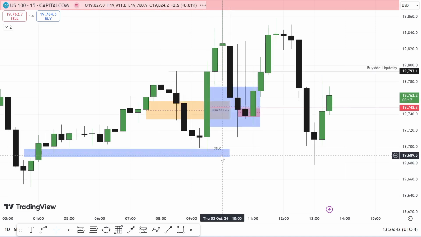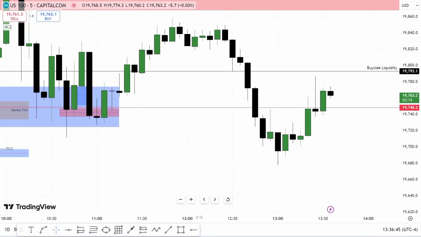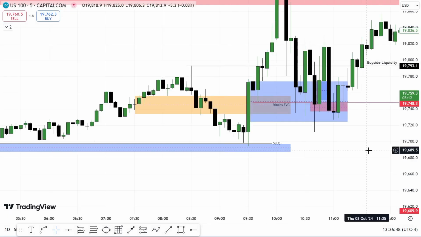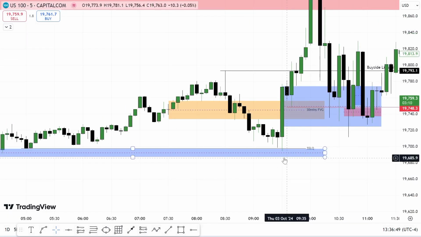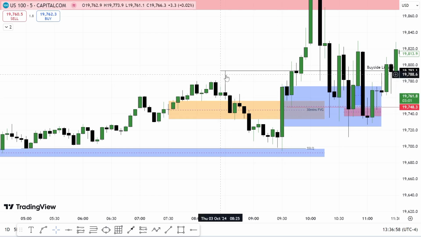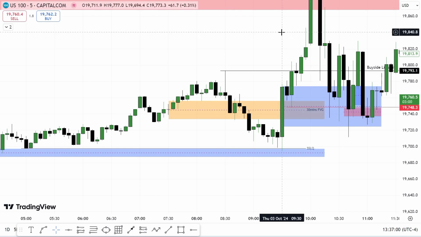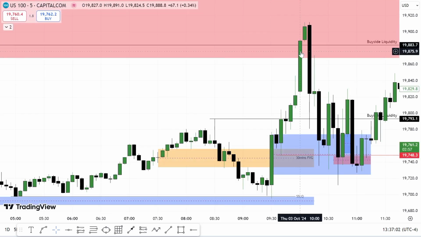On the 5-minute time frame, just in the 9:30 opening bell, you see this quick displacement to the upside. It was so fast. From this quick displacement, I just knew that we were trading to this buy side, and subsequently the low of this bearish fair value gap.